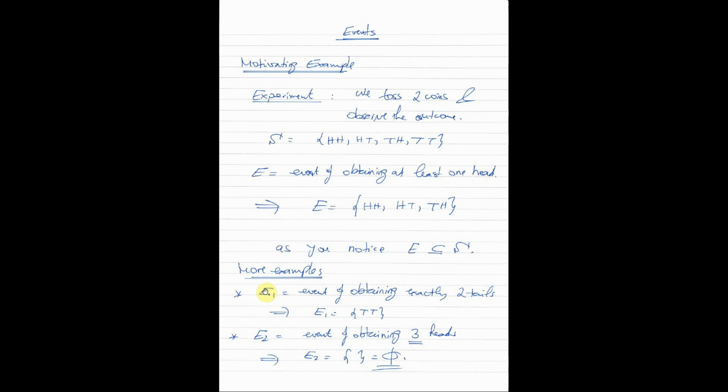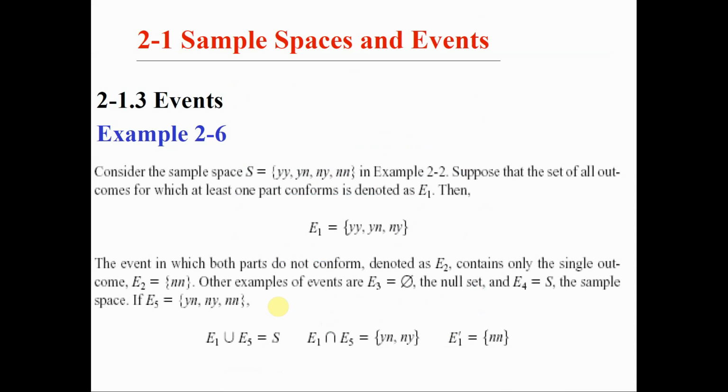I think it's obvious no. If you get any one of these outcomes, it means event E is satisfied. But if you get tails, tails, it means event E1 is satisfied. So it is impossible that if you toss the coins, event E and event E1 get satisfied at the same time. These are mutually exclusive events.